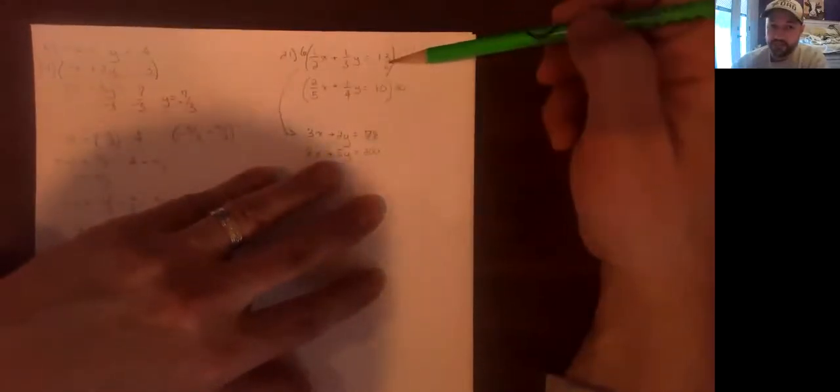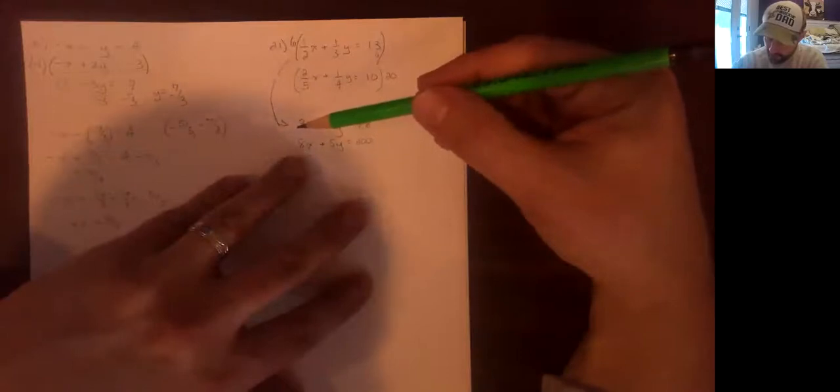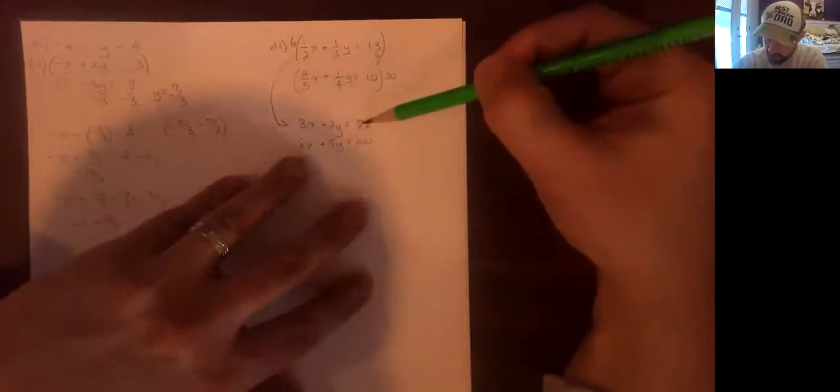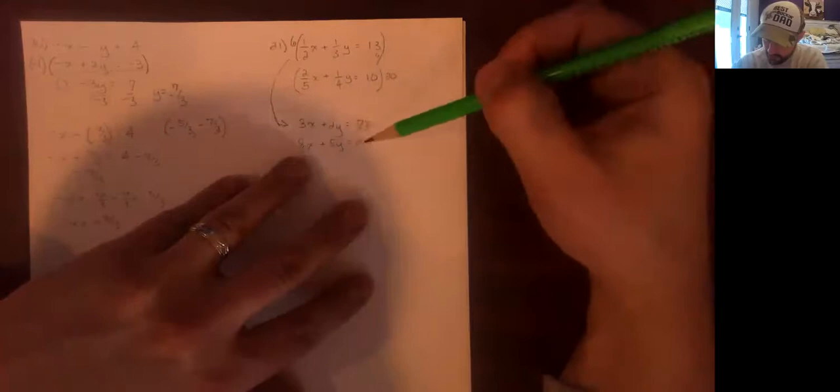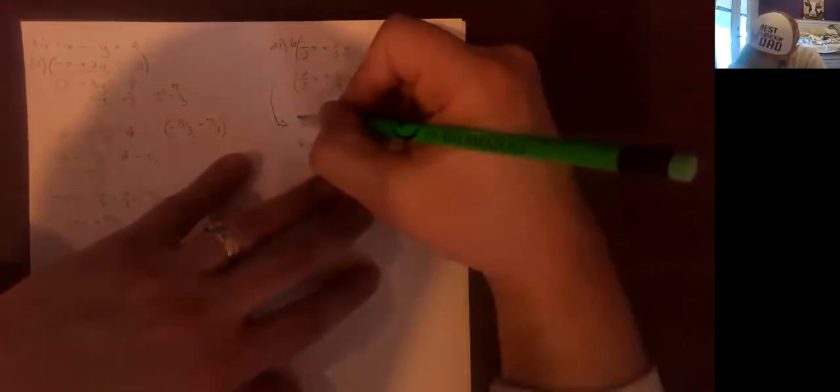Now you could stick with the fractions. Keep in mind, you could always stick with the fractions. But I don't really want to multiply 78 by 8 and 200 by 3. I'm going to choose my 2 and my 5 because then I'm multiplying this whole thing by 5.